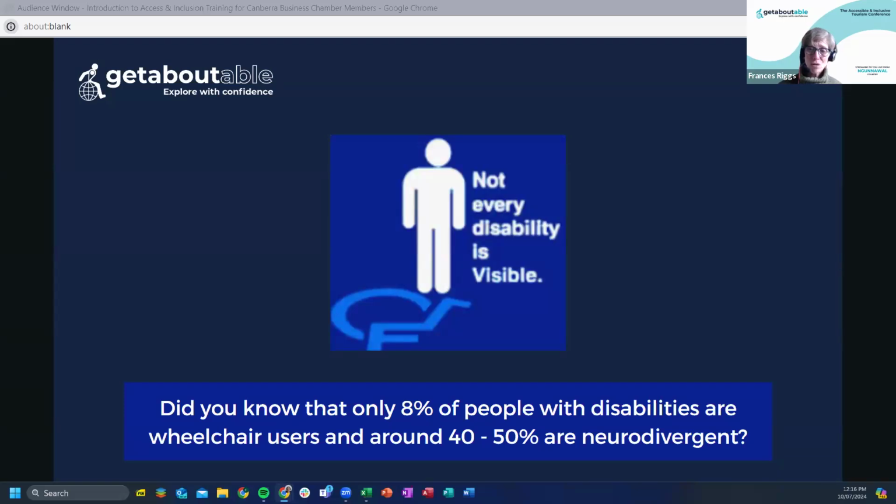They could be physical, like arthritis, vision or hearing loss, or trauma-related, like post-traumatic stress disorder and acquired brain injury. So as I was saying before, in response to Melinda's comment, it is only 8% of the disability community that mobilise in a wheelchair, and 40 to 50% of people are neurodivergent. Does anybody have any comments or thoughts on that?